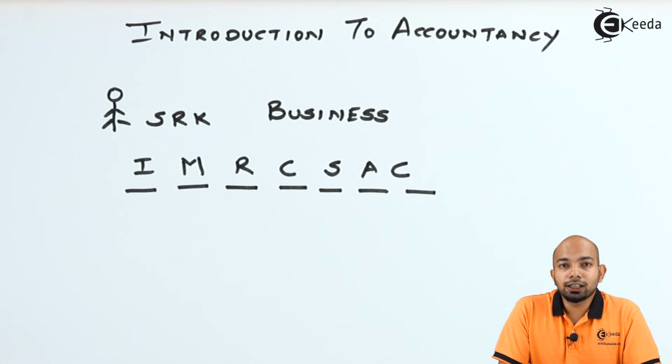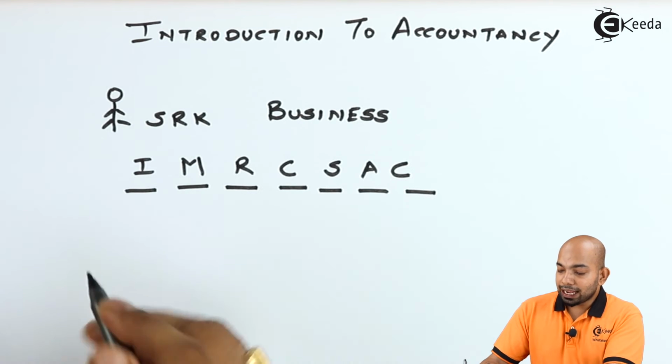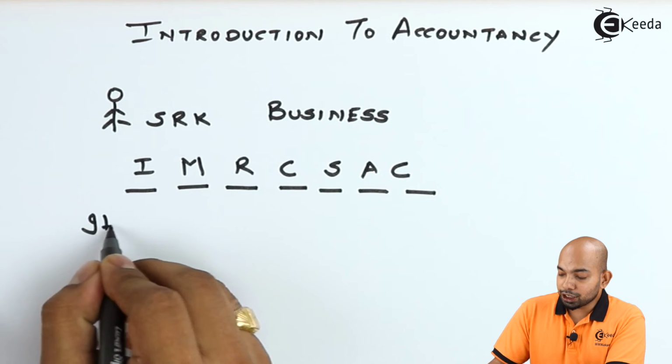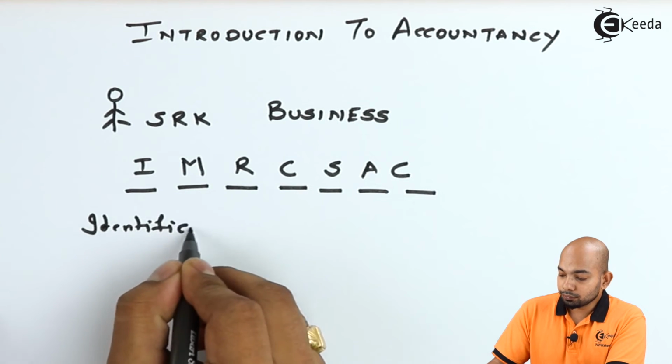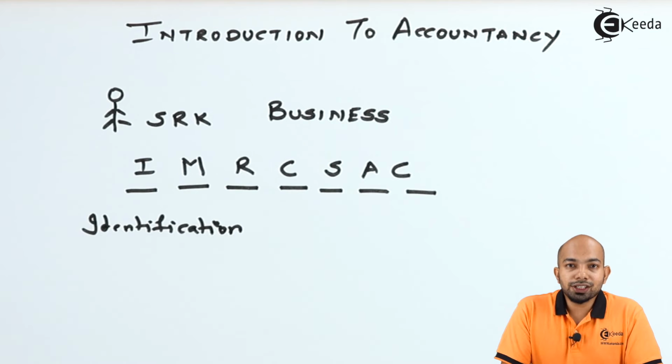So the first thing in order to understand account is identifying what kind of transaction you're dealing with. So I refers to identification. When you refer to a transaction as a business transaction, that means you know there is some financial term associated with it. That is, you have identified that specific transaction to be a financial transaction.